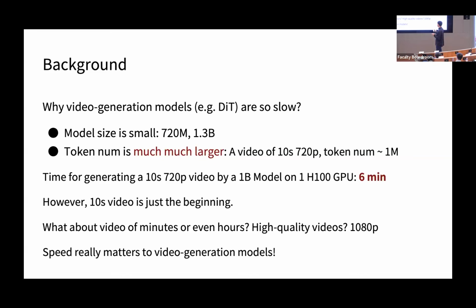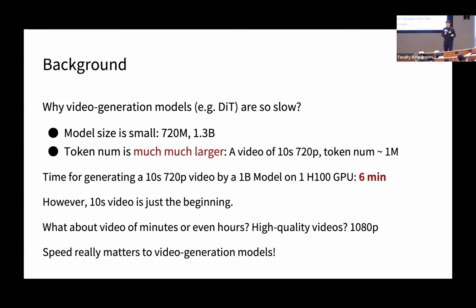So here, how about you use one H100 GPU? How about you just use a one billion model? You generate a 10-second 720p video. Right? So the model is small and the video is low quality, and also it's a very short video, right?